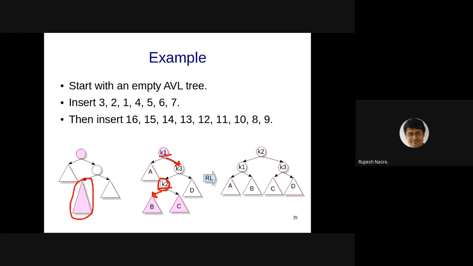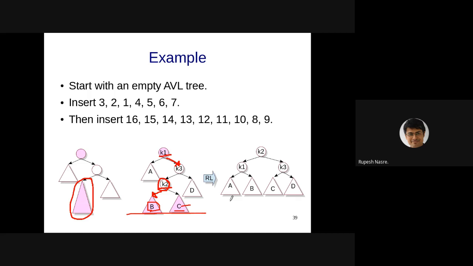For example, in this case, we said it might be occurring because of some insertion in B. But C might not be exactly at that height. C is likely to be one level above the ground level. So this need not always be height balanced, but I'm just showing it. That is one case which can occur.